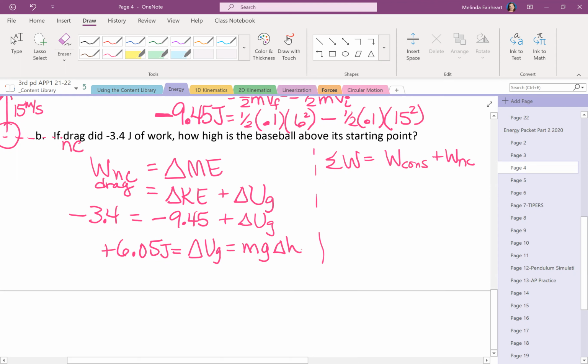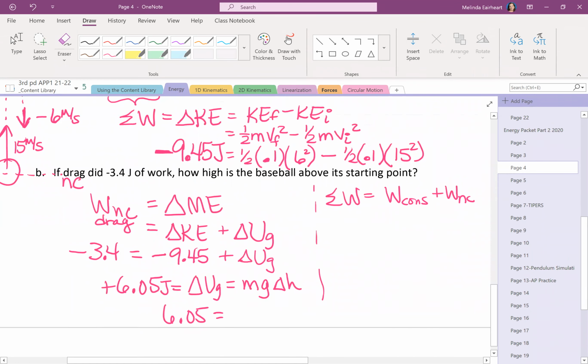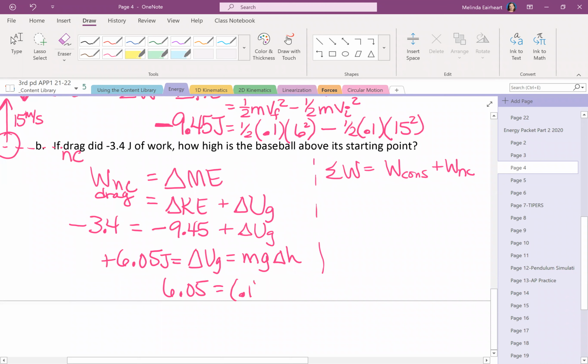Delta H, delta Y. I try to use both. Okay, formula chart, delta Y. Now, lucky for us, our mass is what? 0.1. And gravity is 10. So it turns out our change in height is also going to be 6.05, but not joules. It would be meters.